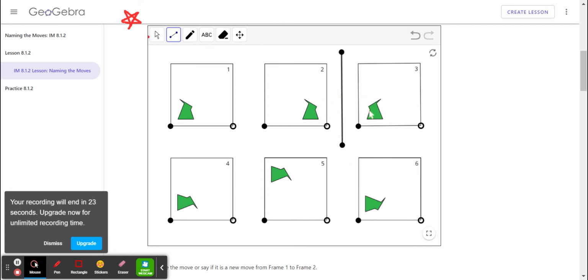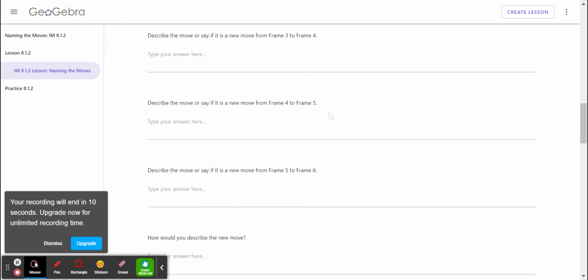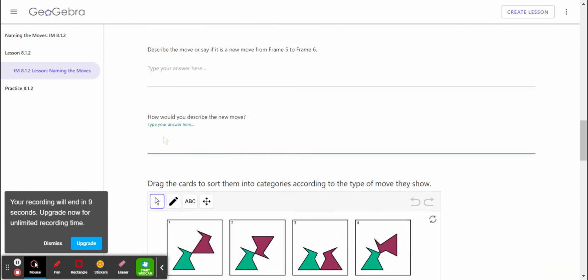So it just flips right directly over the line. That is how the shape changes from 2 to 3, it just flips over this black line. That is called a reflection. And the way that it's different from the other moves, I'm going to leave up to you. Go ahead and answer this question and then watch part 2 of this recap.